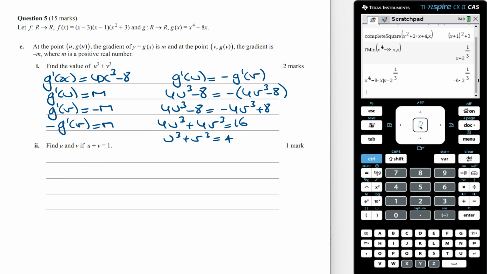Part 2. Find u and v if u plus v is equal to 1. We just worked out that u cubed plus v cubed is equal to 4. And if u plus v is equal to 1, then we have two equations with two unknowns, and so using the calculator, we can solve for the values of u and v.